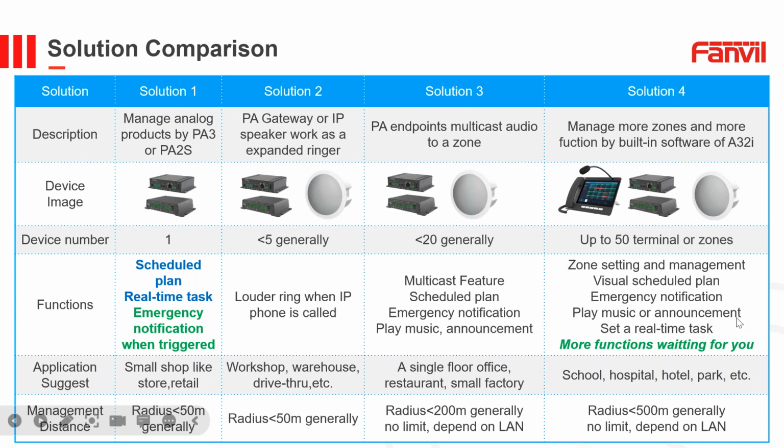You can play music and announcements, and you can set real-time tasks. So solution 4 is suitable for a school, hospital, hotel, park, and many other scenarios. The radius of the system is generally less than 500 meters. Also, it is not limited, it just depends on the local network.